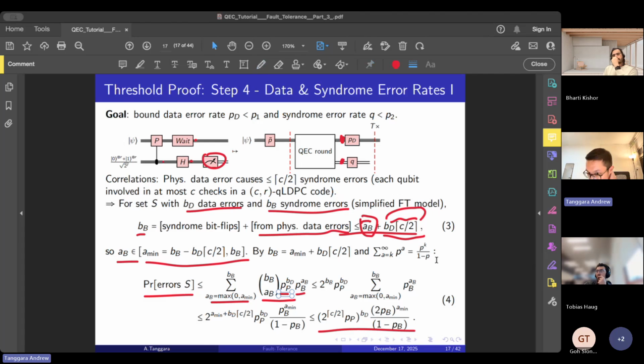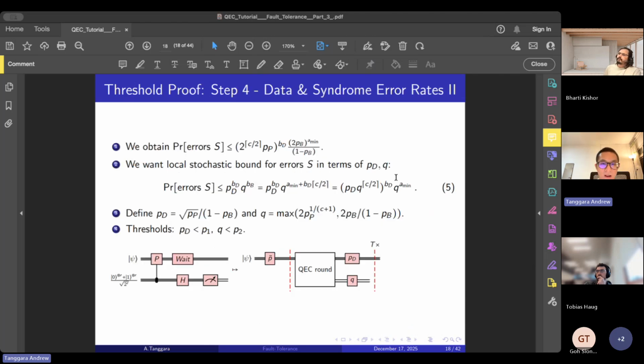Don't worry too much about the arithmetic. I'm not going to go through it in detail, but that's what we have obtained. We want the errors to be local stochastic, so we want this probability to be bounded by that.